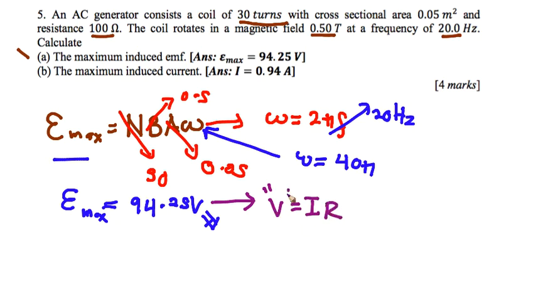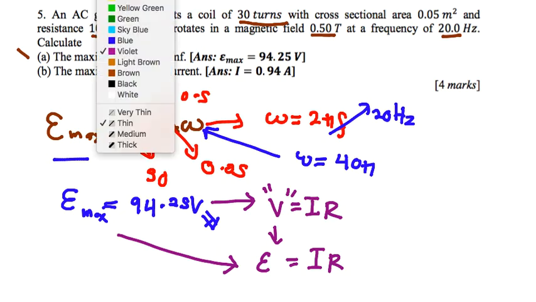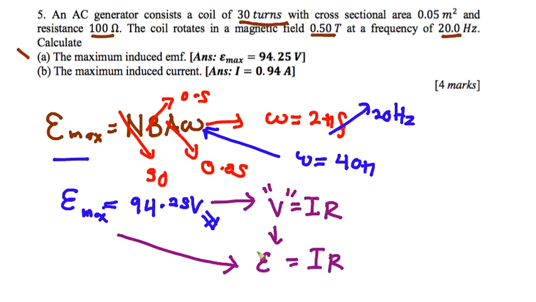Now V is the potential difference, referring to the induced EMF. So the value of the induced electromotive force is equal to IR, and the value of E or E maximum is 94.25, and the resistance is 100 ohm.